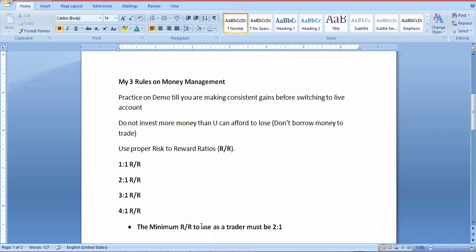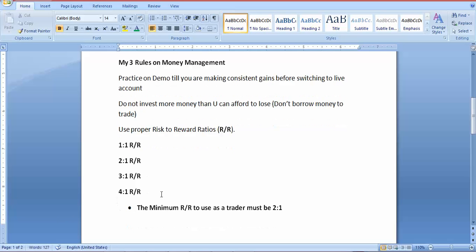And also, if you do 4:1 risk to reward ratio, meaning that for every $100 profit the risk is $25. So if out of 10 trades you win 6, that will be 600, and you lost 4, so that will be 25 times 4, which is 100.